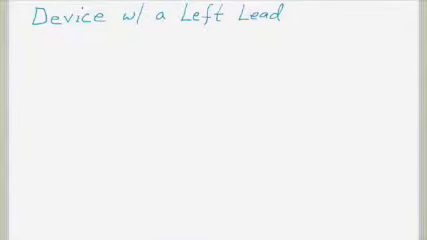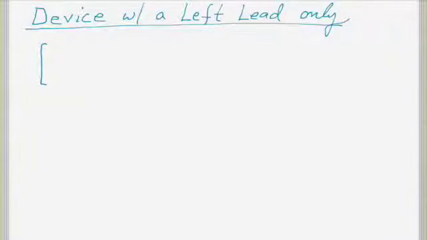To begin with, let's just consider a device that only has a left lead. A device with just one lead, a left lead. It's not much of a device, but we can demonstrate all the concepts with a left lead only. The form of your equations would look like this.